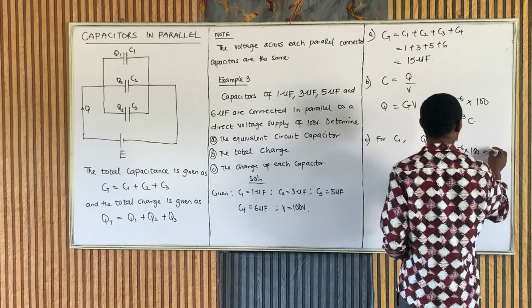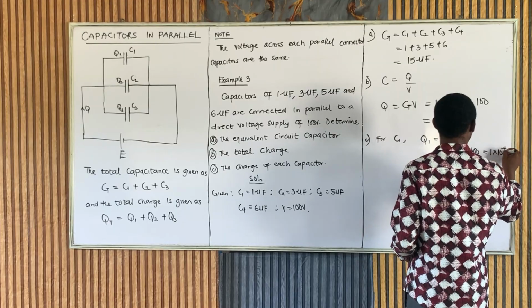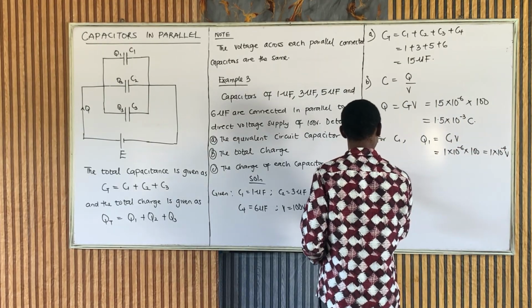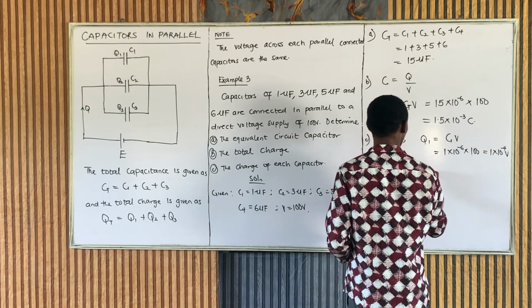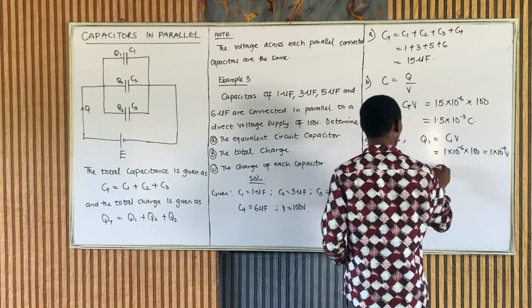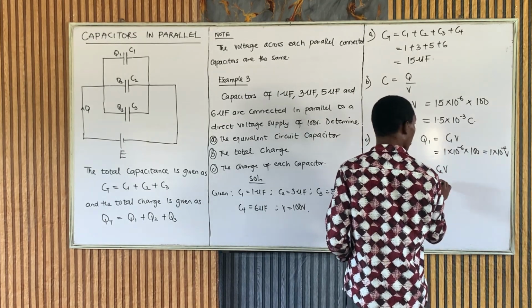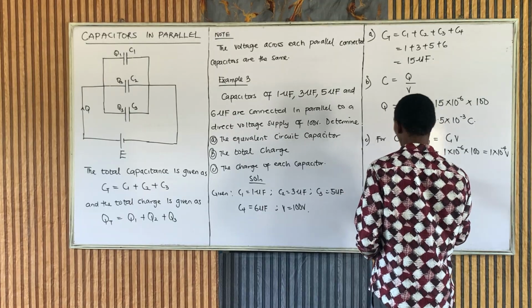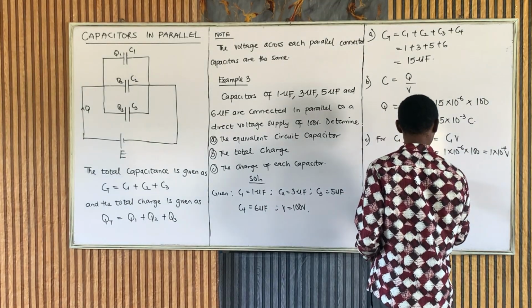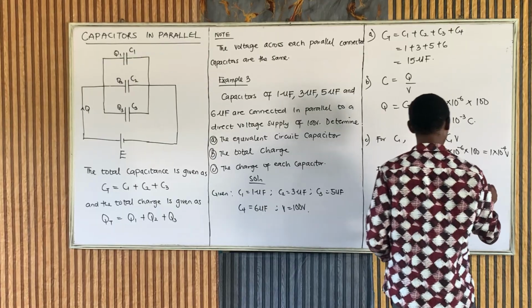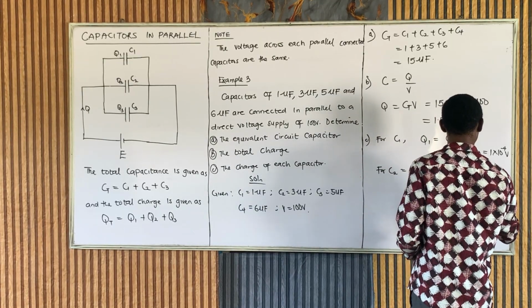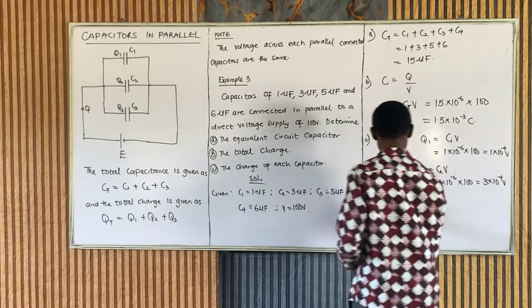That will just be 1 times 10 raised to the power minus 4 coulomb. For C2, that's Q2, which is C2 times V. Our C2 is 3 times 10 raised to the power minus 6 times 100. And that will simply be 3 times 10 raised to the power minus 4 coulomb.